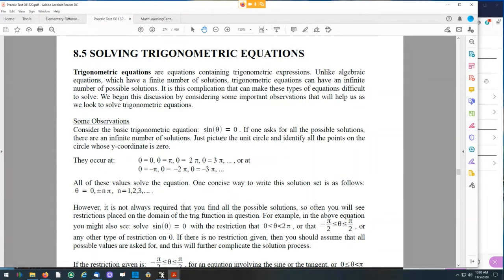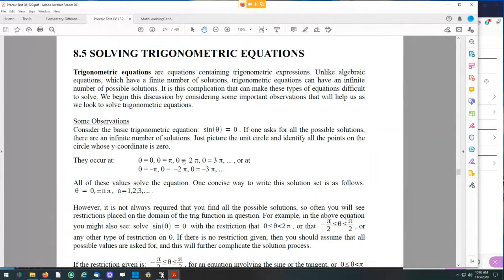So for example, let's take a simple trig equation, sine of theta equal to 0. They don't give you any information, they just say solve that. Since that goes on and on, we know it's 0 when theta is 0, when it's pi, as I move to the right, 2 pi, 3 pi, 4 pi, 5 pi, along the x-axis.